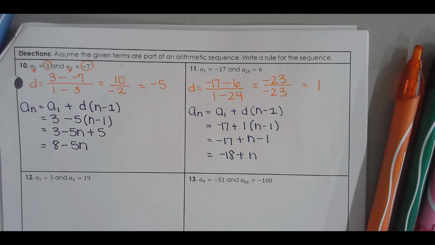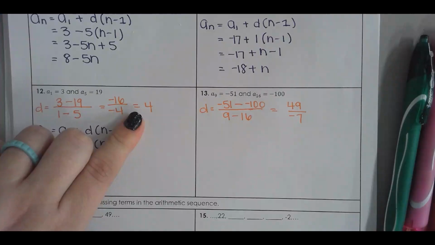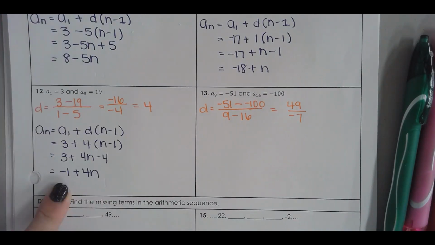I want you to try numbers 12 and 13. So number 12, we got 4 for the common difference. Is that what you all got? Got plus 4n, or you could have written 4n.